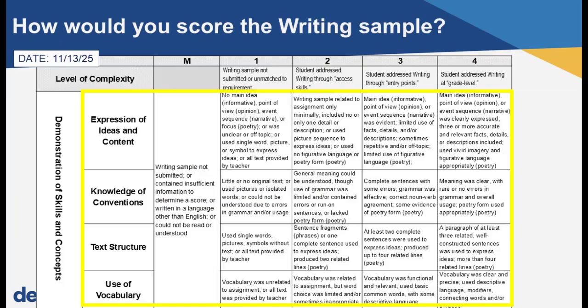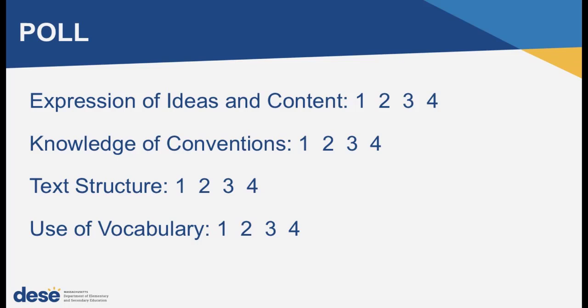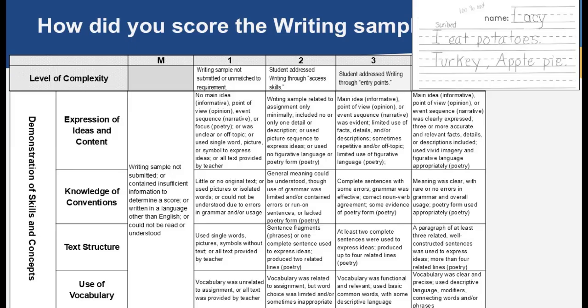So here's our rubric. Okay, and we're going to do a poll. So you're going to be working just on that demonstration of skills and concepts. We already know its entry points, so you don't have to worry about that. This is what the poll is going to look like. We're going to do one at a time. So we have the writing sample in the right-hand corner.